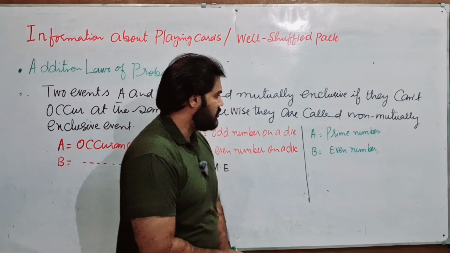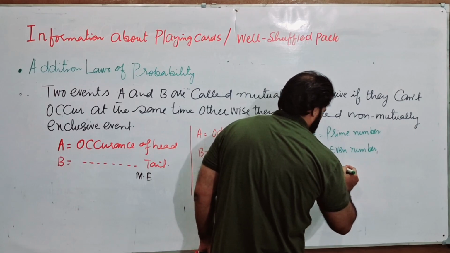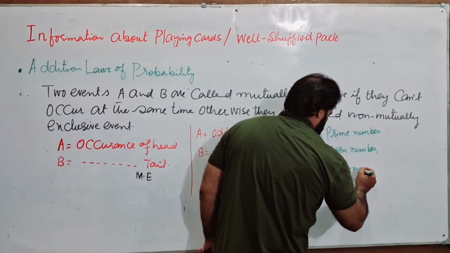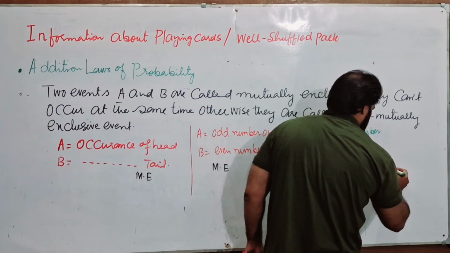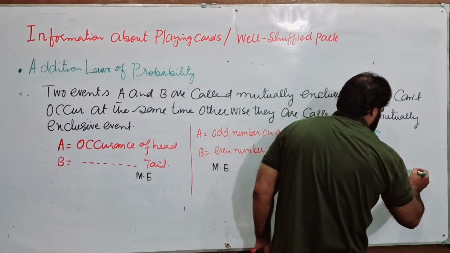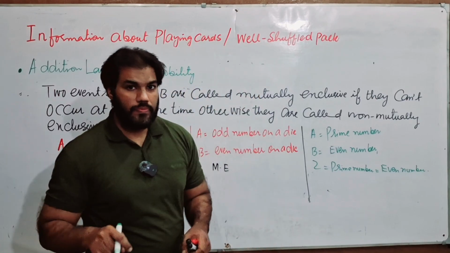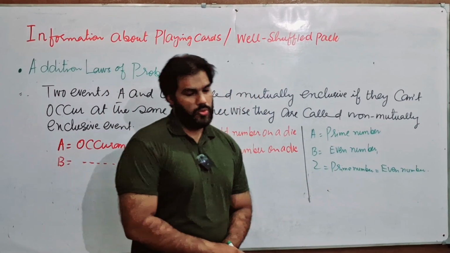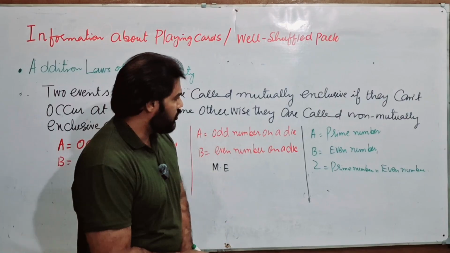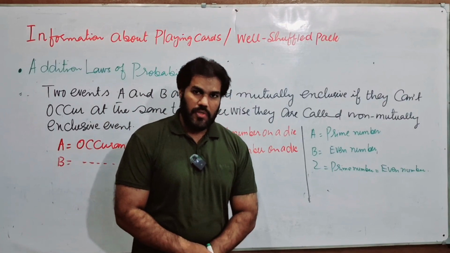How? 2 is a prime number and it is also an even number. So both of the qualities are in 2. 2 is prime as well as it is an even number.